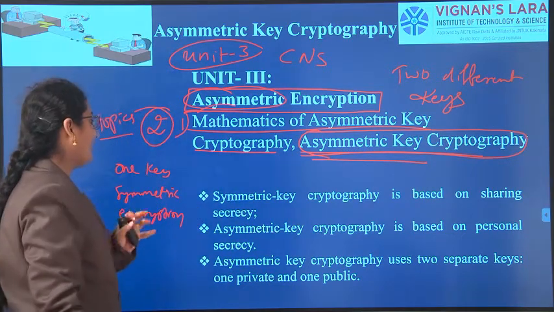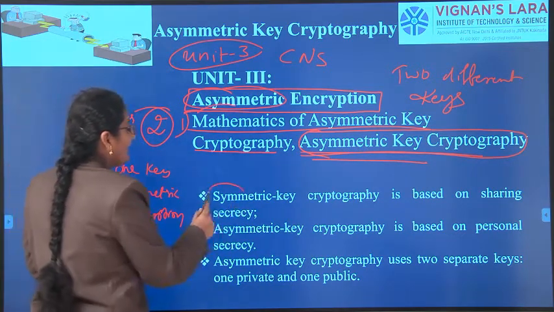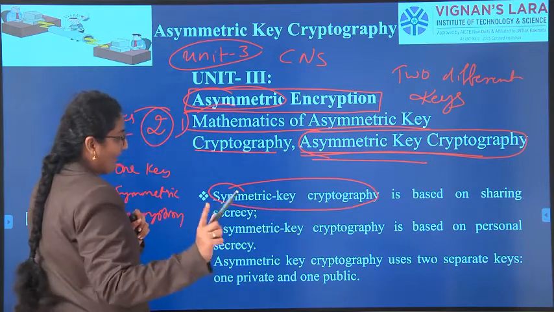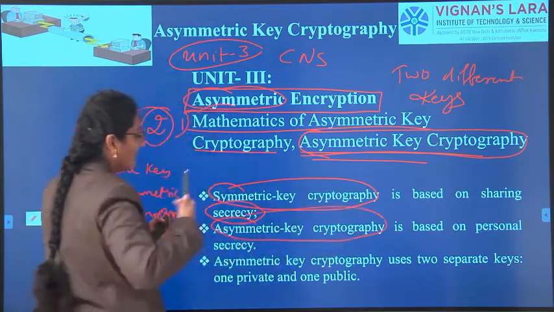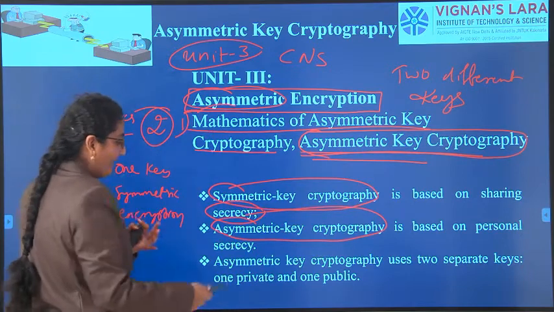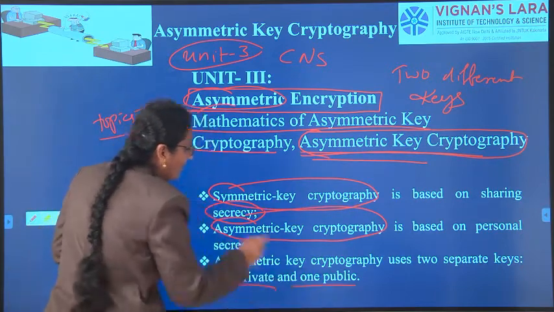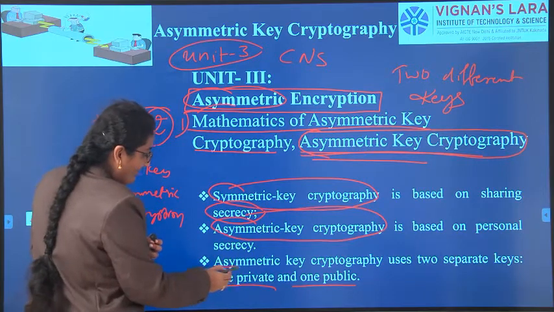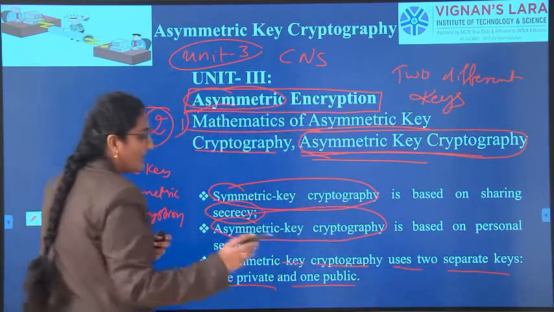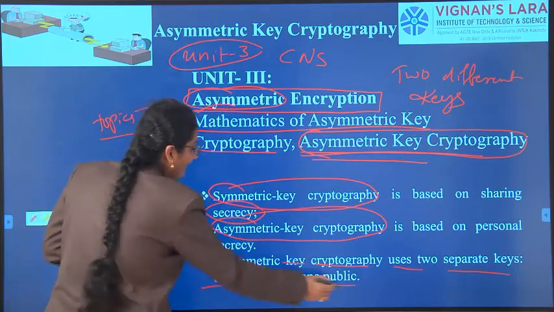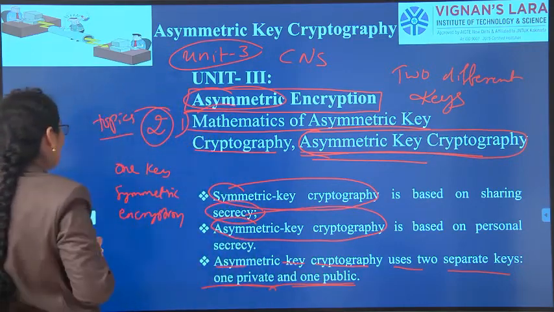So basically what I wanted to tell you is, symmetric key cryptography is based on only one key, that is the secret key. Asymmetric key cryptography is based on personal secrecy. So here we are using two keys, private key and public key. Asymmetric key cryptography uses two separate keys. What are the two separate keys? Private key and public key. So listen carefully.